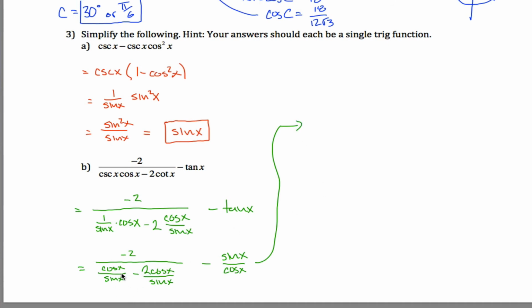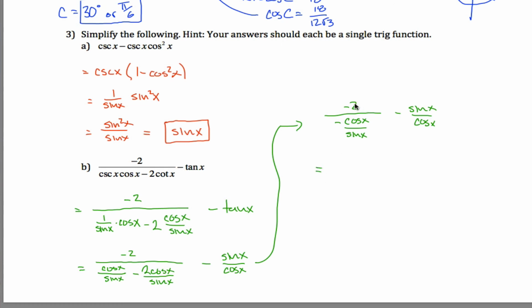Let's jump up here so I have plenty of room. Note that in the denominator here, I have a common denominator of sine of x. So if I leave this top alone, down on the bottom I can mash these two fractions, or rational expressions technically, together. 1 cosine of x minus 2 cosines of x is negative 1 cosine of x. And that's divided by the common denominator of sine of x. And then remember, you still have to subtract sine of x over cosine of x.